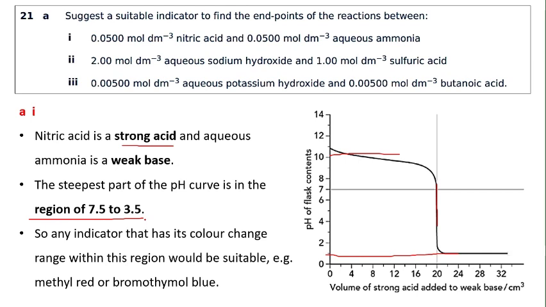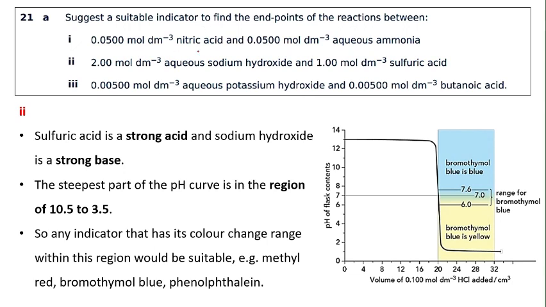Whatever indicator has the range of 3.5 to 7.5 will be a good indicator for strong acid and weak base. And if you check out the table, methyl red and bromothymol blue have the pH range in between 3.5 and 7.5. So these two will be the suitable indicators for strong acid and weak base.